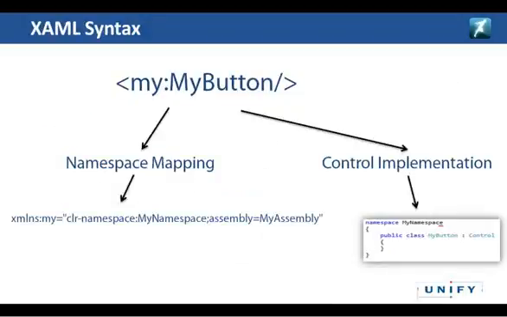So, for example, if you have a My button defined in XAML, then that My button needs to come from a namespace, which is this xmlns colon, and then the assembly and namespace, and then there's a control implementation.